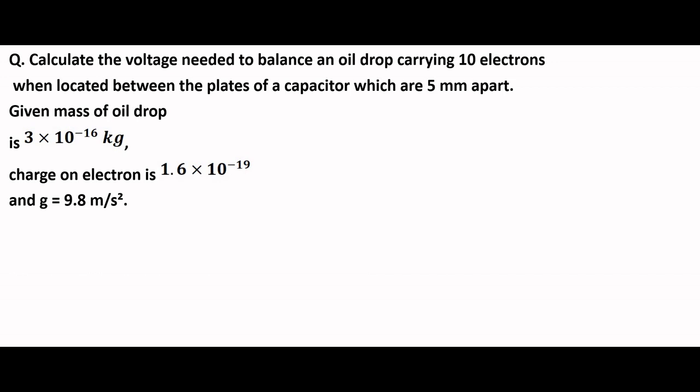The mass of the oil drop is 3 into 10 to the power minus 16 kg, the charge on the electron, as we know, is 1.6 into 10 to the power minus 19 coulomb, and the acceleration due to gravity is 9.8 meter per second square. Okay, so let us try to understand.